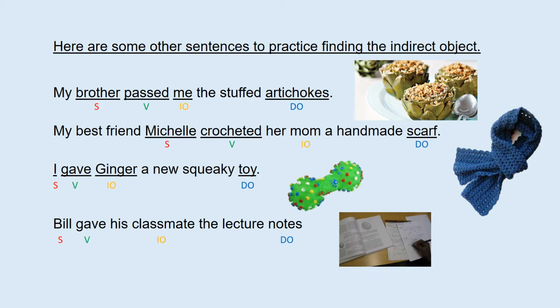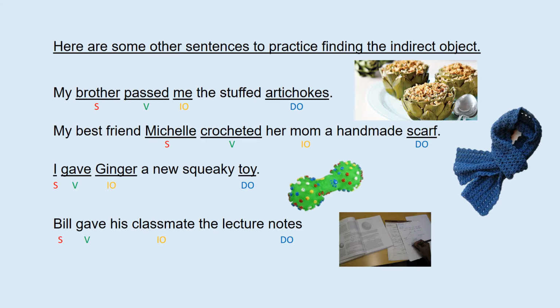Let's see if we can find the direct object. Again, we know it's going to be a noun, so let's see if we can pick out the nouns that follow the action verb, crocheted. Well, since friend comes before Michelle, we know that's not right. The nouns that come after crocheted would be mom and scarf.